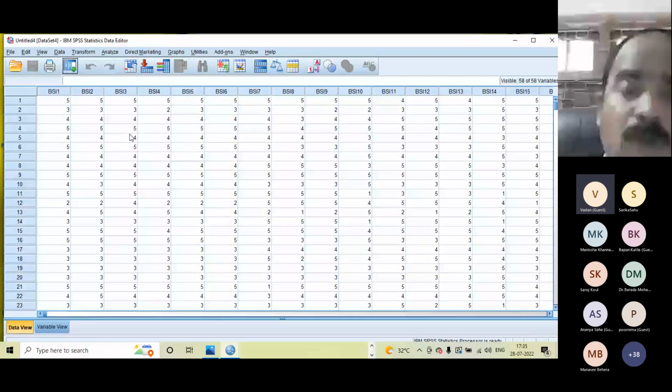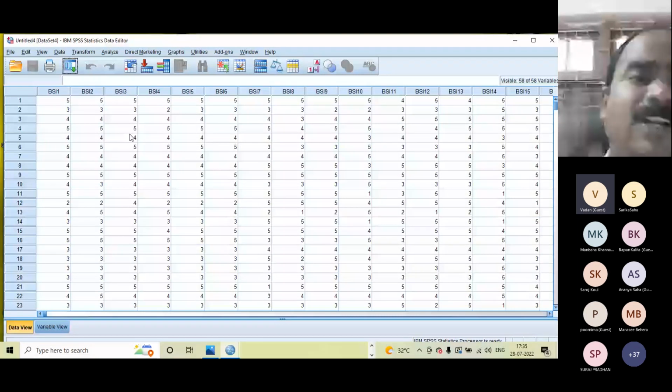Now I will show you how to test the reliability of every construct by Cronbach alpha. It is a very simple step that you do in SPSS in your MBA or MPhil career. Whatever indicators are under a particular construct, only those indicators you take to the analysis.